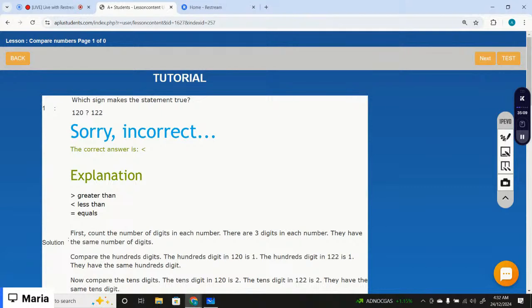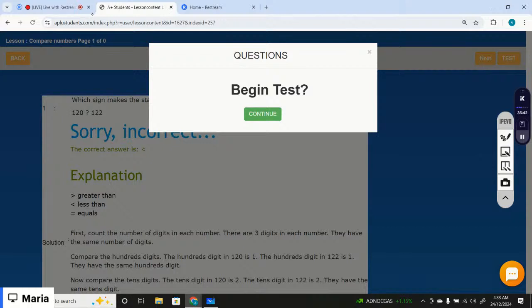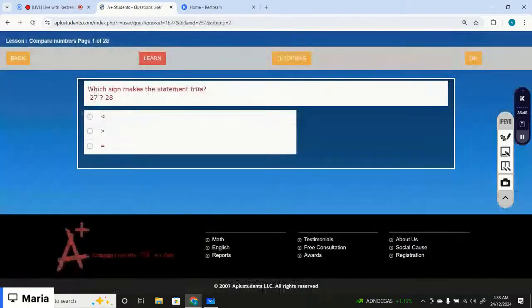You have to compare. 120 is less than 122. You have to compare, right? Which sign makes the statement true?